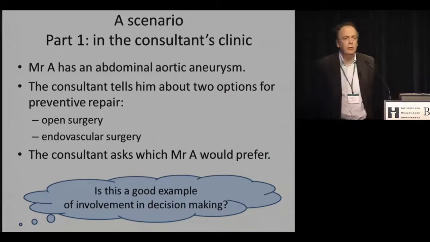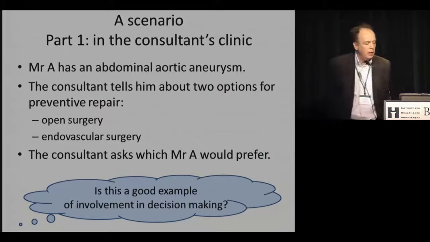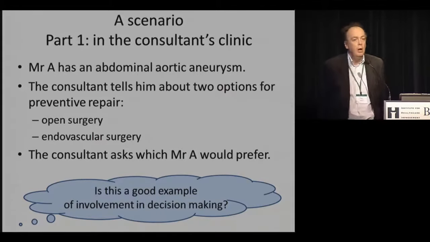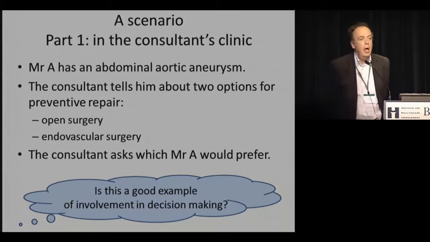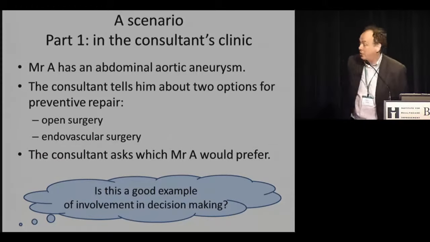He goes to see the consultant, the specialist, and the specialist tells him that he has two main options for treatment. He goes through, quite reasonably, the pros and cons of each option with the patient, and what each option would involve. Basically, it's a choice between open surgery and an endovascular repair.